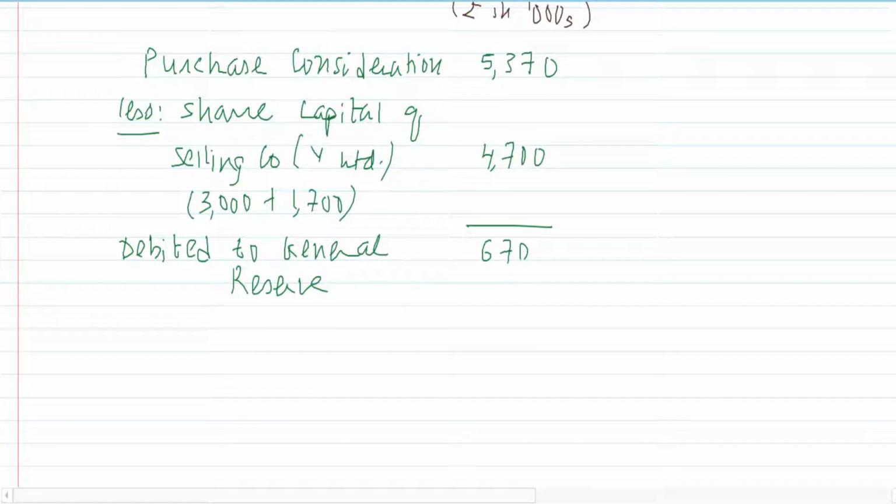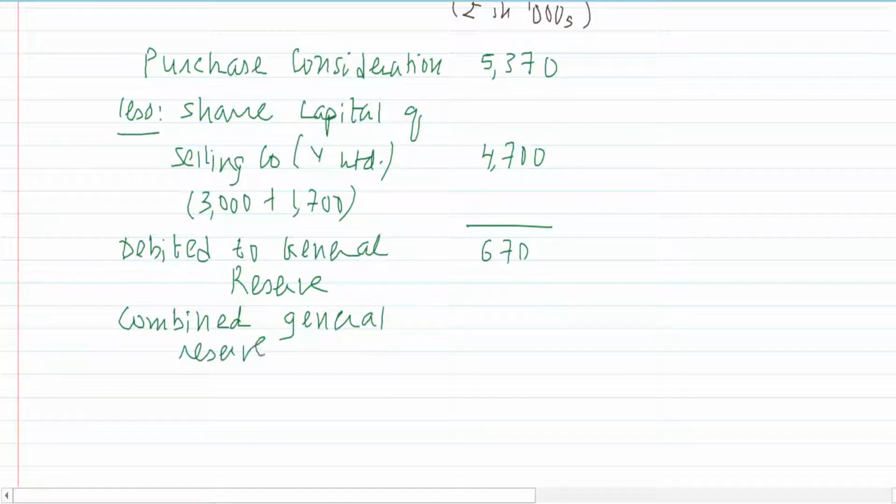Now that you have calculated this as 670, you can compare this with the combined general reserve, which is 500 plus 250. So I have 750.